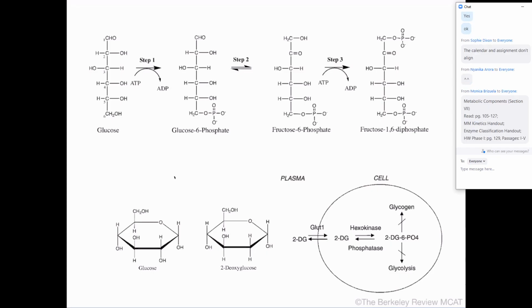Is that not right? That's what it says to do. Sorry, I'm just trying to say, does anybody disagree with that? Read page 105 to 127. Right, enzyme class handout. That's literally what we've just been covering right now.